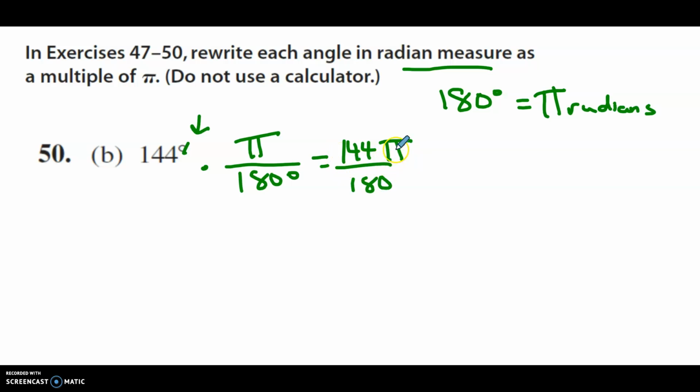Now guys, you're not allowed to use a calculator. You could think about different values that go into it. If you can't, you can start small and say, okay, 2 definitely goes into both of these. This is 72 pi, and then 2 goes into this, 90 pi.